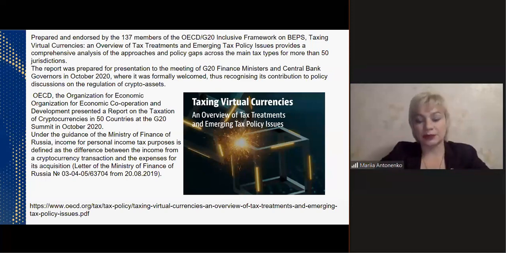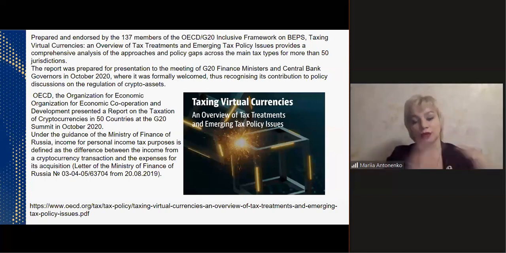In October, there was a report at the gathering of the member states, of the central banks of the G20. We're talking about all the finance ministers of the biggest players in this world. And they listened to the recommendations on how to levy taxes from cryptocurrencies.